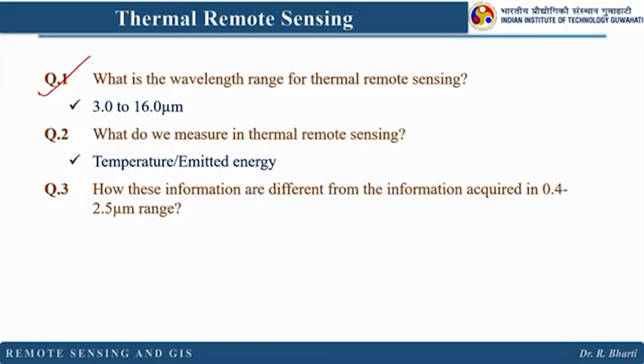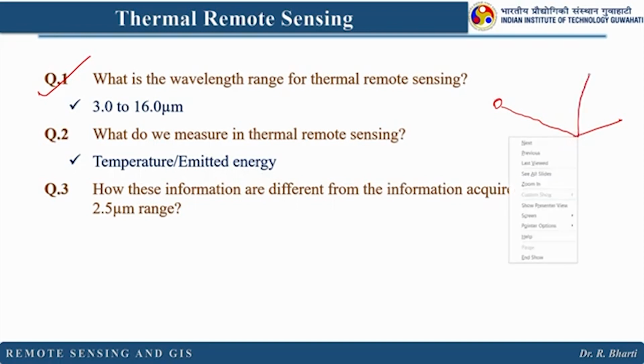Now what do we measure? Basically we measure temperature and emitted energy from the surface, right? Now how is this information different from information acquired in the reflective domain? First of all, you have to understand, this is your target and you have a source. When we are talking about reflected energy, basically the incident energy gets reflected from the surface itself.